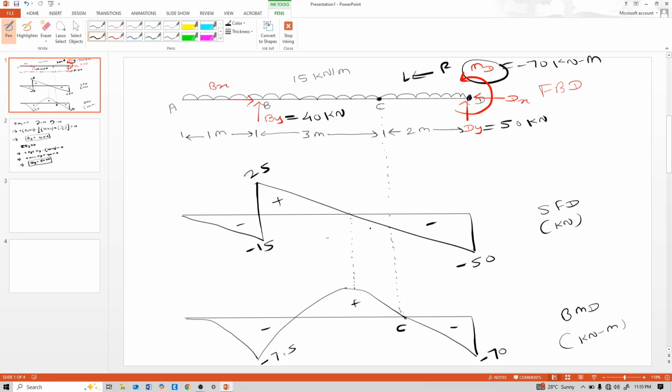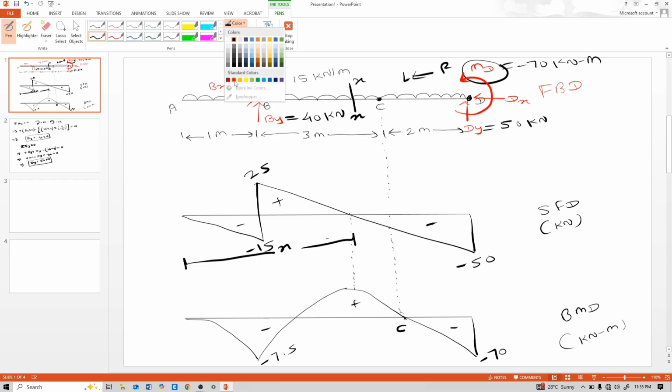So calculate moment here at a distance x where shear is 0. Consider this as an XX section and shear is 0 there. That means this V_x is 0 there, and calculate for it.